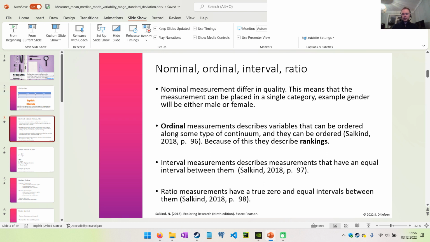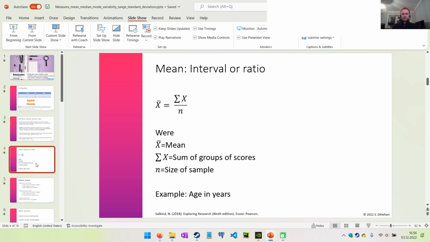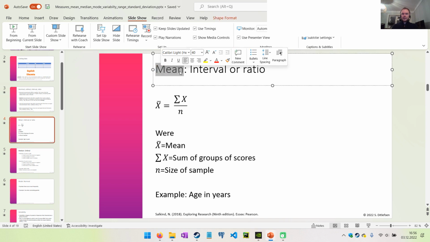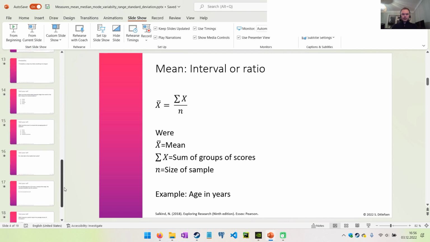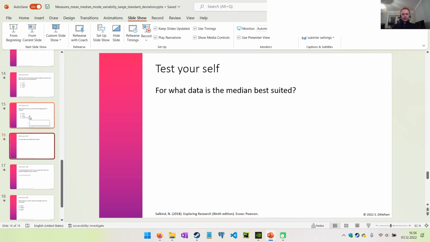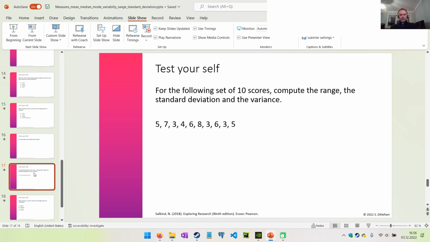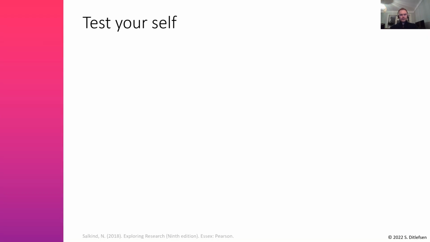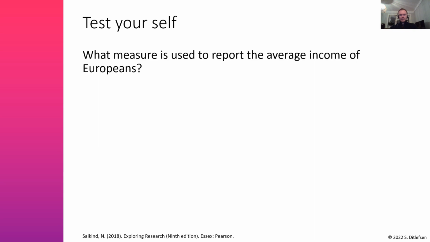And we need to think, do they have a true zero? Yes, they have a true zero. It can be 0 also, so it's ratio. So ratio, it's the mean. In ratio we always use the mean. So the income will be reported as a mean. What measure is used to report average income of Europeans? We know it's ratio, and we calculate it as a mean.